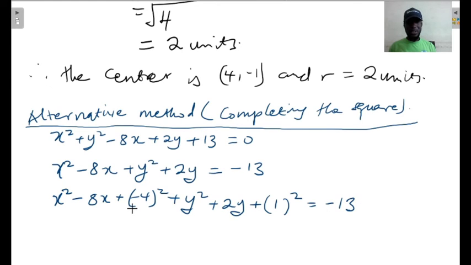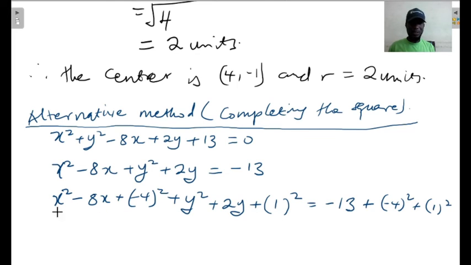This one that we added here and this one, we are going to add both of them to this side. So that will be plus negative 4 squared plus 1 squared. So we added this to both sides and added this to both sides, which are the half of the coefficients of x and y respectively.